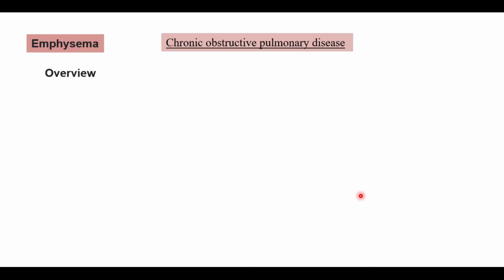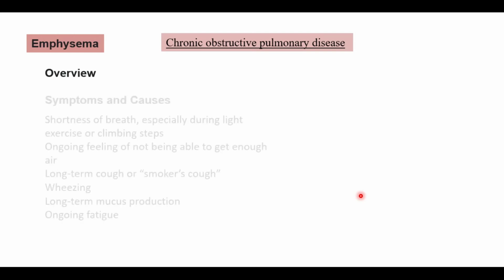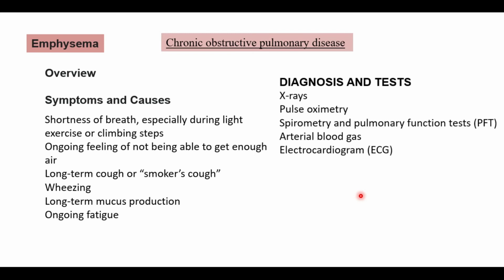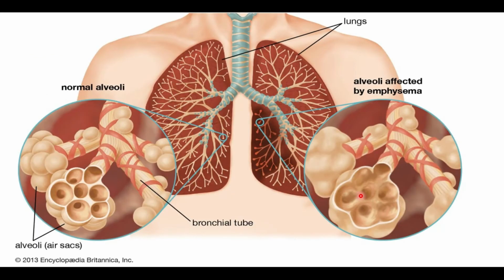So, emphysema is a condition that involves damage to the walls of the air sacs. Here is the diagram showing the normal alveoli and the alveoli affected by emphysema. It involves damage to the walls of the air sacs, or alveoli.